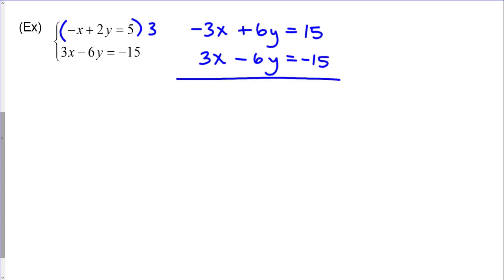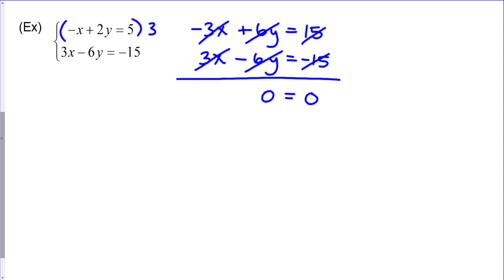When I add these together, the 3x and negative 3x cancel out. The 6y and negative 6y cancel out, so I'm left with 0 on the left-hand side. But also, the positive 15 and negative 15 cancel, and leaves me with 0 on the other side of the equation. So essentially, what this is telling me is that these two lines are the exact same line. So I must parameterize the solution.